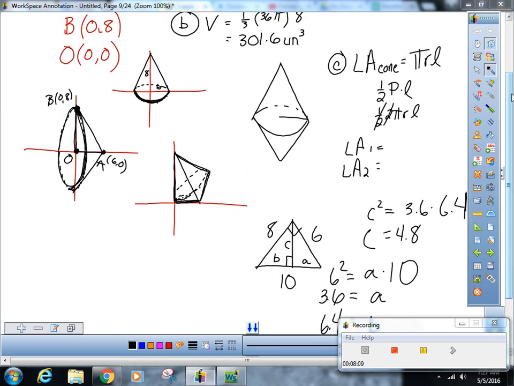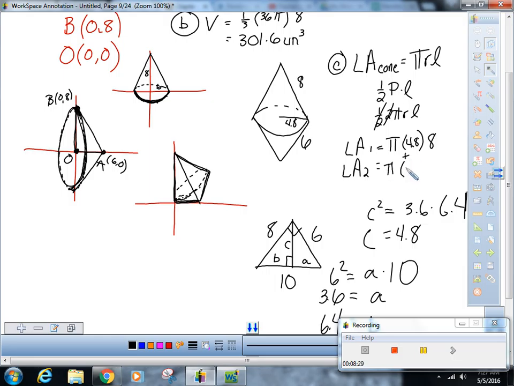And that is actually this. That's our radius. So it's pi times 4.8 times 8, plus pi times 4.8 times 6.